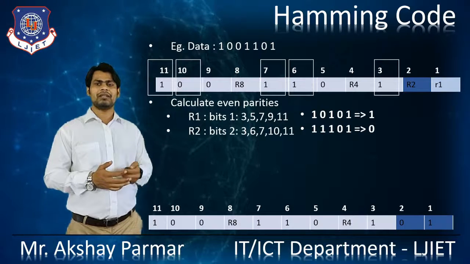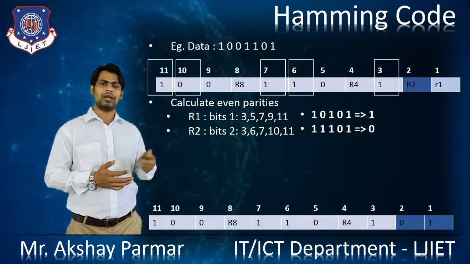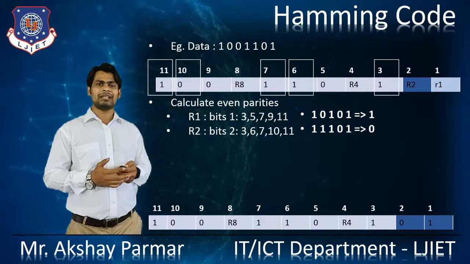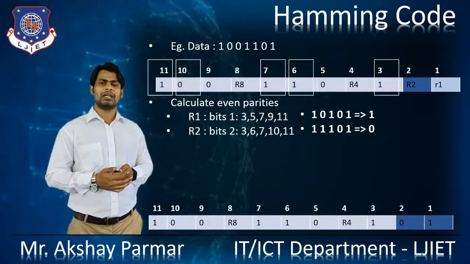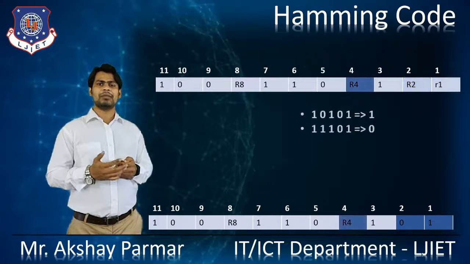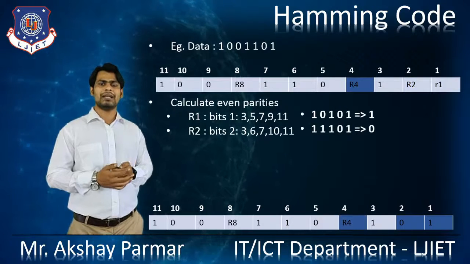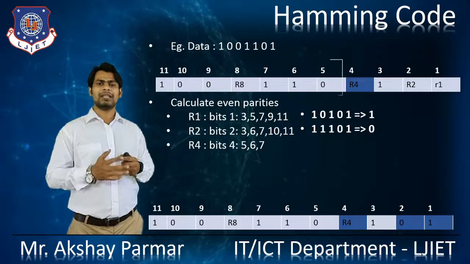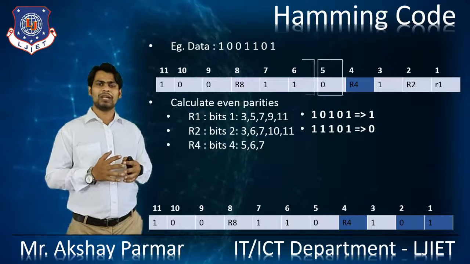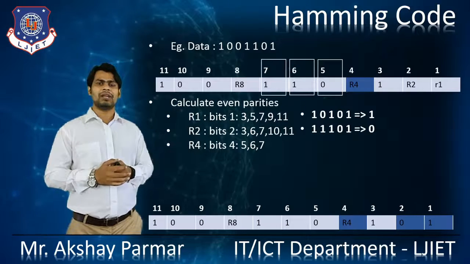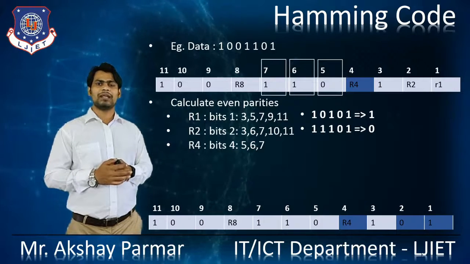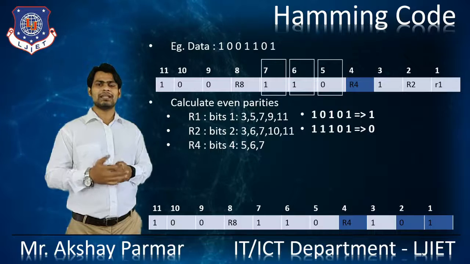That's how we are selecting R2 and R1. After that, let's select the third redundant bit position, R4. How can we select that? For that, we are selecting the bits stored at positions 5, 6 and 7. What values are stored at positions 5, 6 and 7?